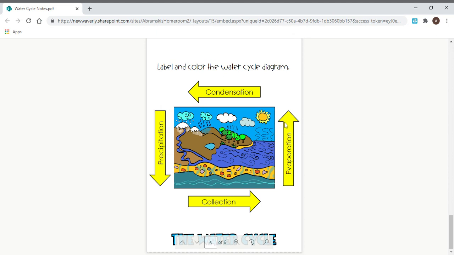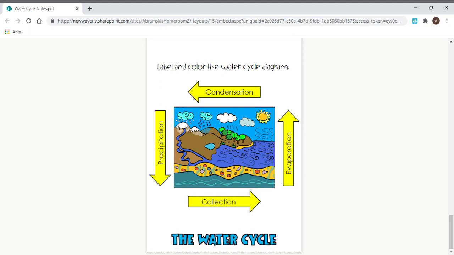So collection then evaporates from the heating it up. Once it's in the air, it holds. Once it gets too heavy and it cools down, you'll have condensation. Once you have a lot of the condensation built up, you will have a heavy cloud and it makes precipitation.